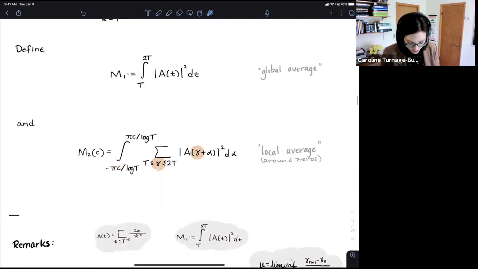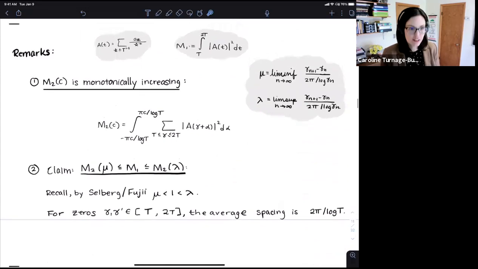All right, so I'm going to draw some pictures to make this a little helpful. I've got my little cheat sheet bubbles up at the top for all this notation. But the idea here is there are two very important observations that you have to make for this method to work. The first is that the local average around zeros of the zeta function is monotonically increasing.